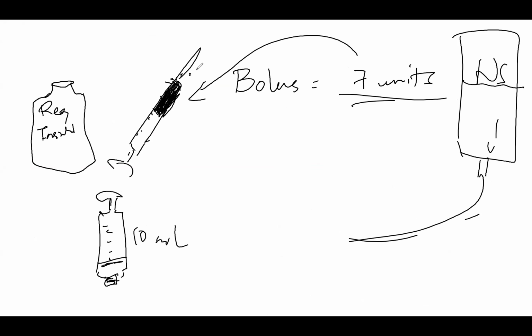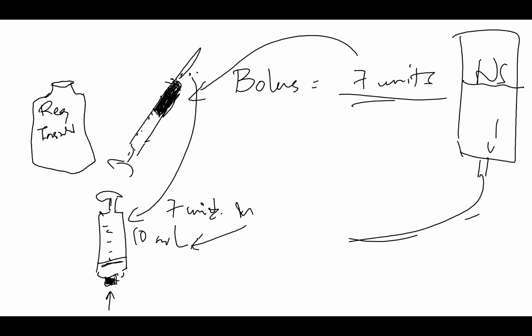Then you add these 7 units inside that syringe. This tip here is sterile, so you add it here. Now you have 7 units in 10 ml of normal saline. Now this is Luer lock, so you can push this. That's how you administer your insulin bolus.